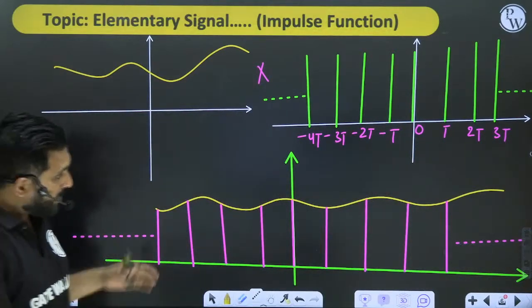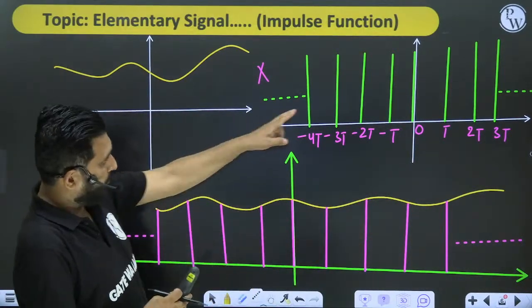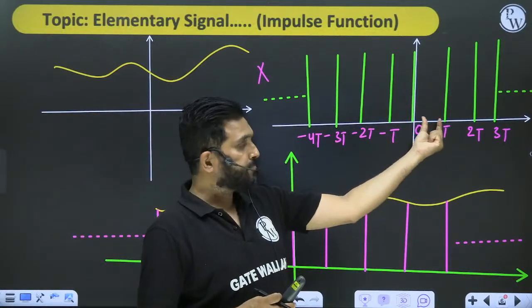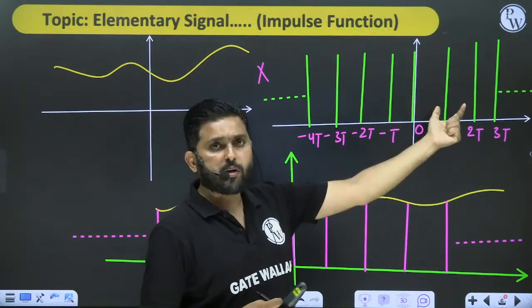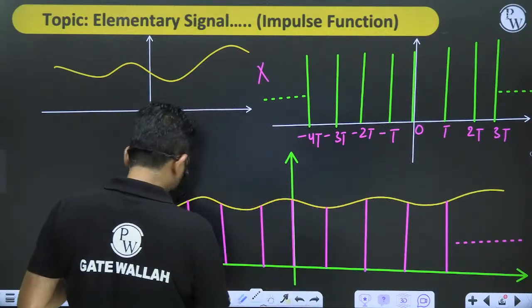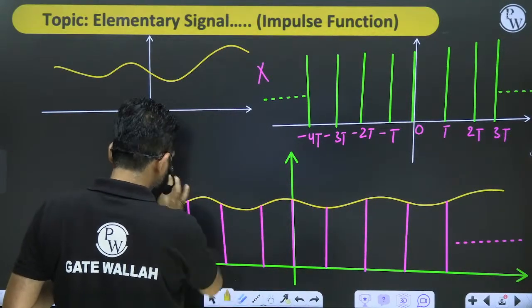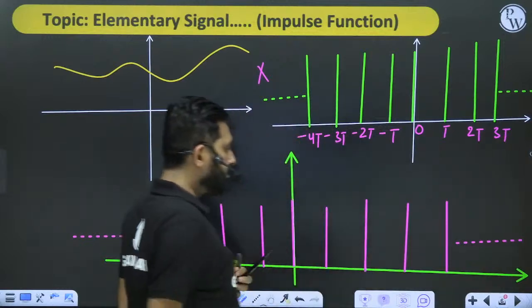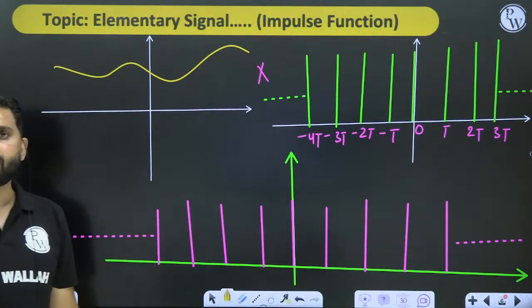And in between the function is equal to 0, because in between the function is not defined. This means that this curve will be 0. So I will have this kind of function.